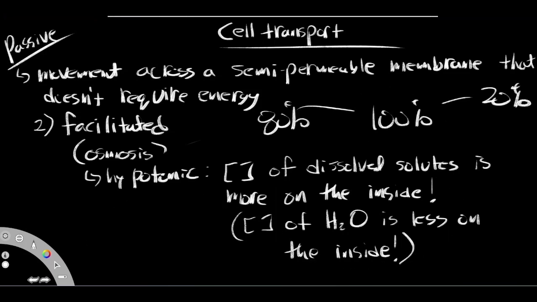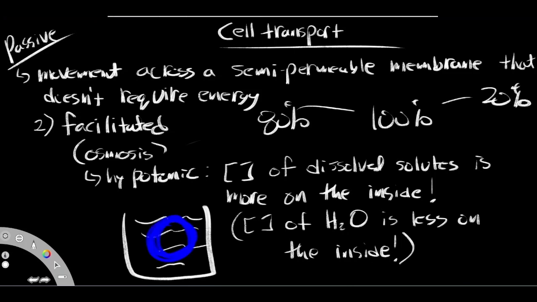So again, let's do another visual here just to help with understanding. Hypotonic means that there's more dissolved solutes inside the cell. To make it easier for you, like in the previous example, I just want you to think of the word solution. This is short for solution.